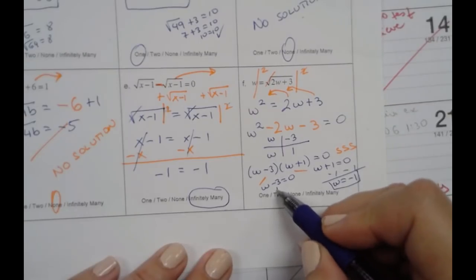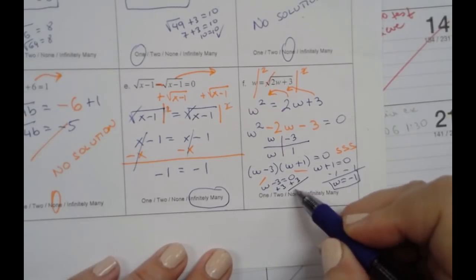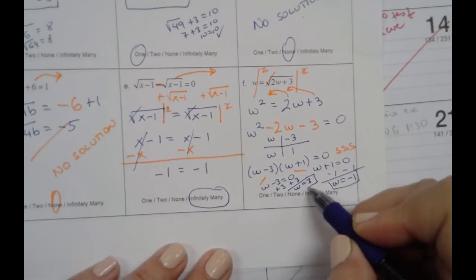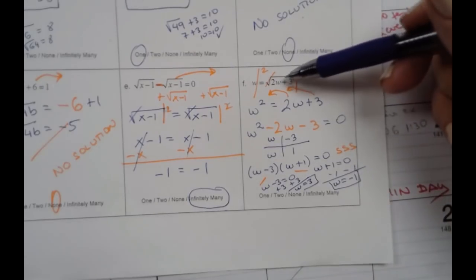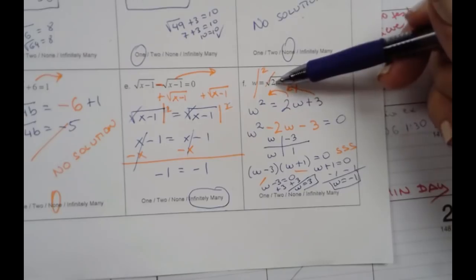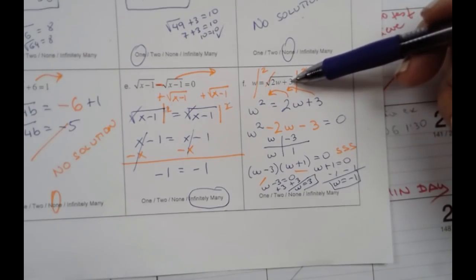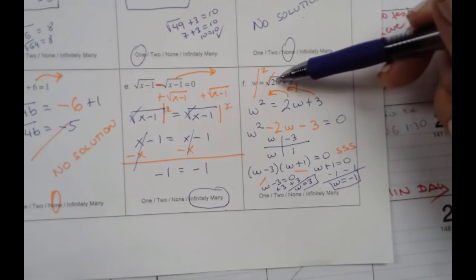And so remember what I said earlier, you always, always, always have to look at your solutions and see if those solutions would work. So if I go back to the beginning of the problem, and if I use 3 for my w, that would be 2 times 3 is 6, plus 3 is 9, and square root of 9 is 3, and 3 is equal to 3, so that checks out.